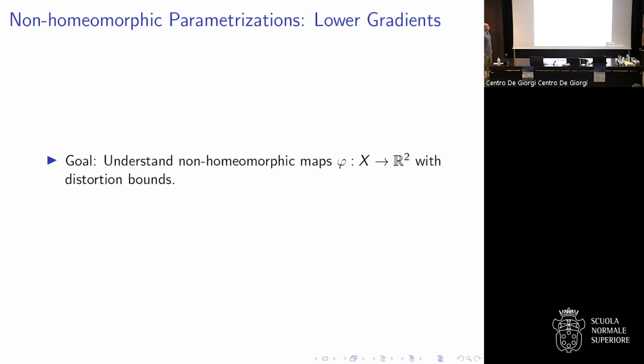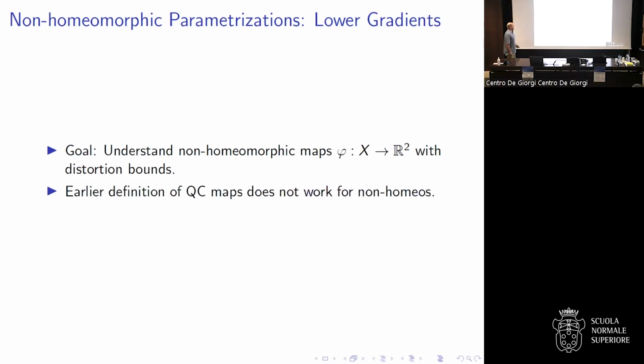There's a slightly amusing issue about the definition. We need to define lower gradients for this to make sense. Because if you try to use the analytic definition I presented for non-homeomorphisms, there are several problems that arise.